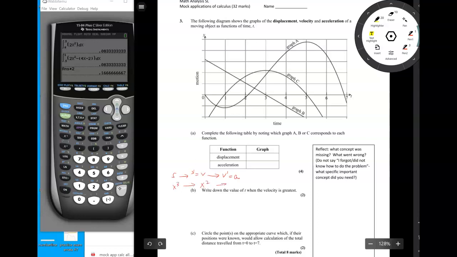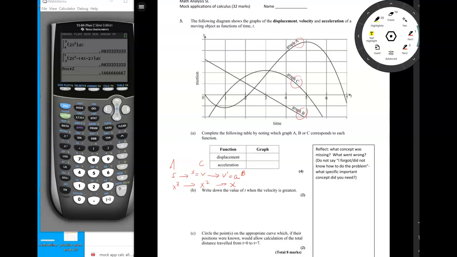When you take the derivative of a squared, it becomes an x. So when you see a polynomial get less curvy, you're taking the derivative of it. So the most curvy one is graph A, right? And then the second most curvy one is graph C, and the third most curvy is graph B. So graph A is probably your cubic. Graph C is your velocity, and graph B is your acceleration. Okay, so that's one way you could figure it out.